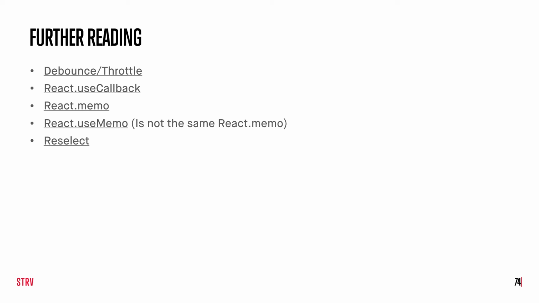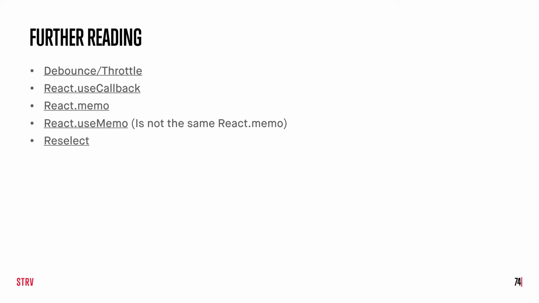And lastly is Reselect, which will help you when you're using Redux, because as I mentioned with the render tree, if you have components connected to the store, every time something changes on Redux it will trigger a change, which will in turn trigger a re-render, and in turn trigger all these performance issues.